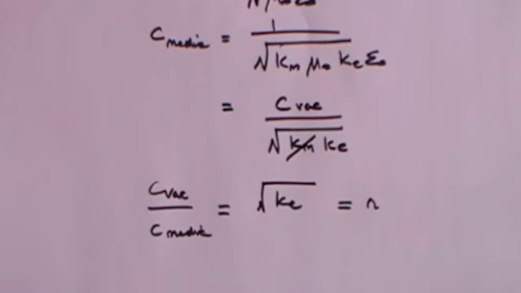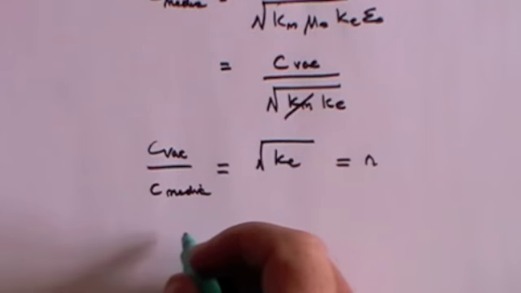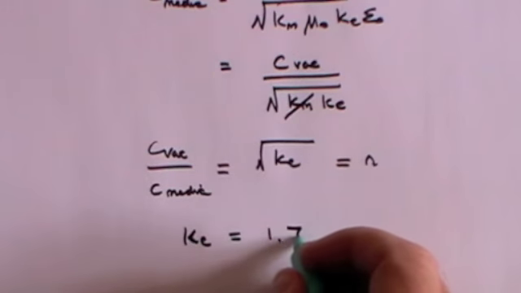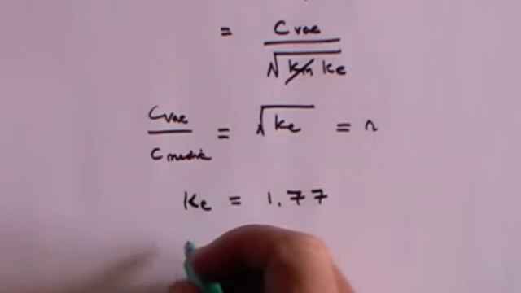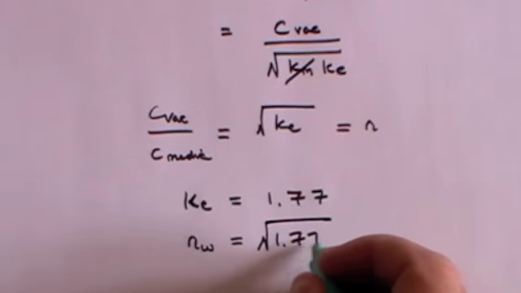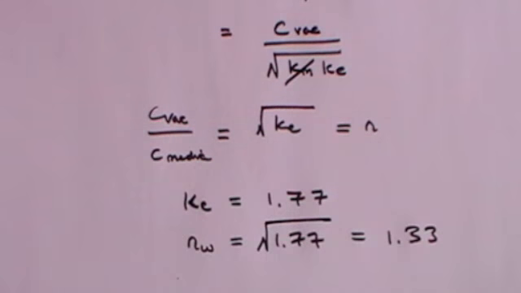For water, and specifically for light travelling through water, the value of Ke is approximately 1.77. That's visible light travelling through water, which means that the refractive index for water is going to be the square root of 1.77, which is approximately 1.33.